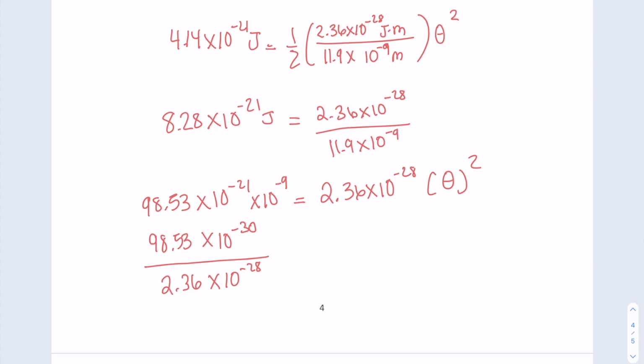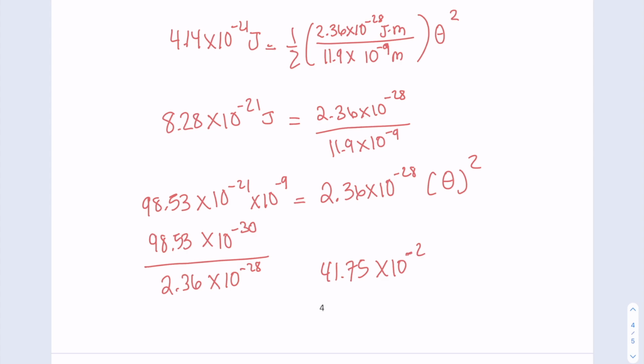So I'll divide 98.53 by 2.36 first, that's 41.75. And then 10 to the negative 30 divided by 10 to the negative 28 is subtracting the exponents, negative 30 minus negative 28, which gives us times 10 to the negative 2.